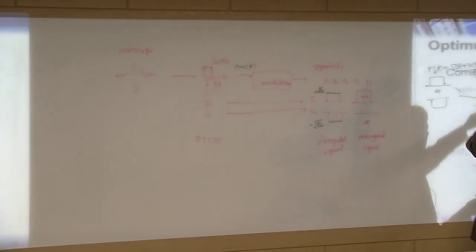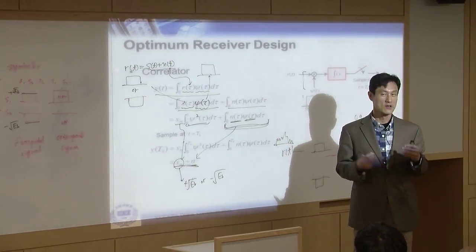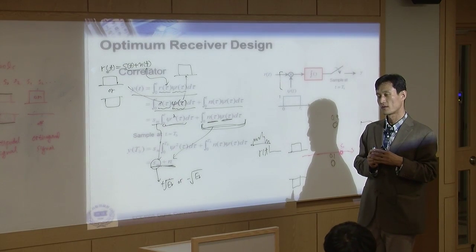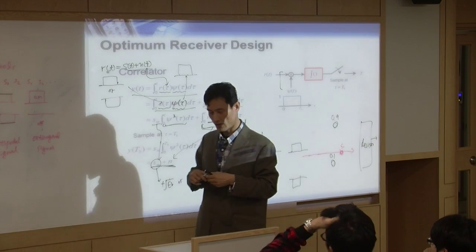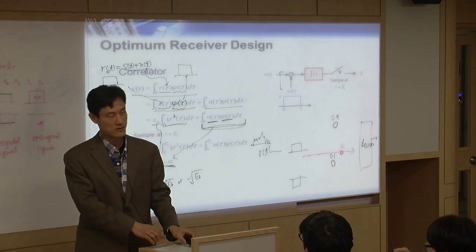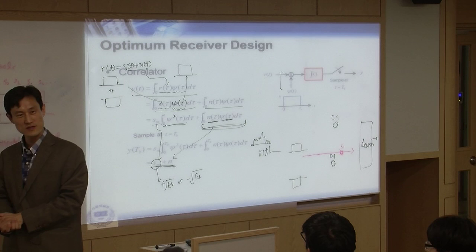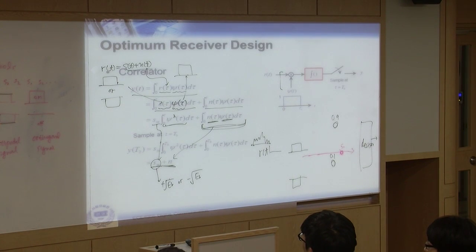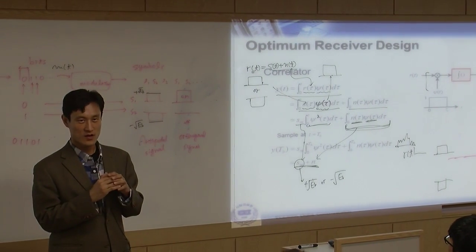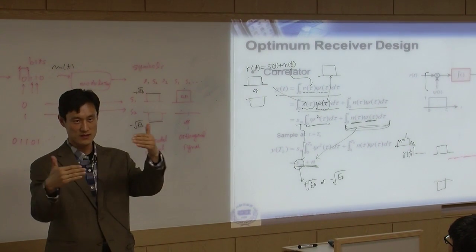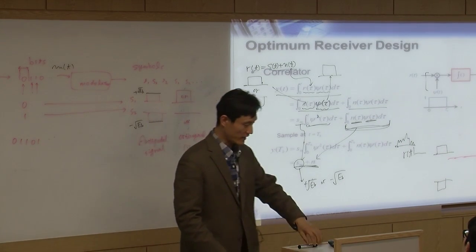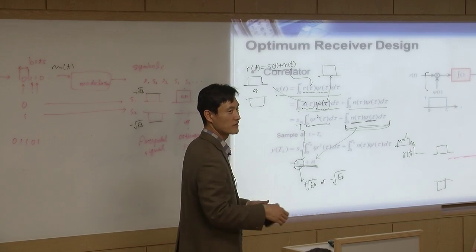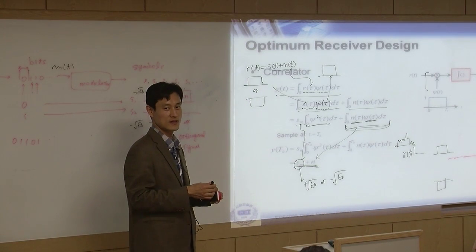When you do this correlator, remember the correlation is very close to the convolution. What's the difference between convolution and correlation? Remember we discussed that last semester? With convolution, you need two signals; you are convolving two signals.